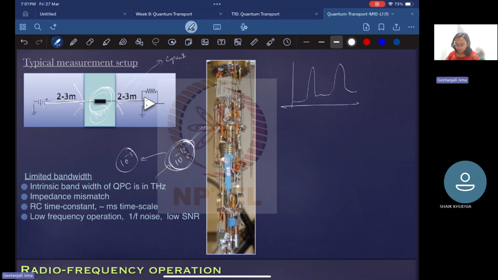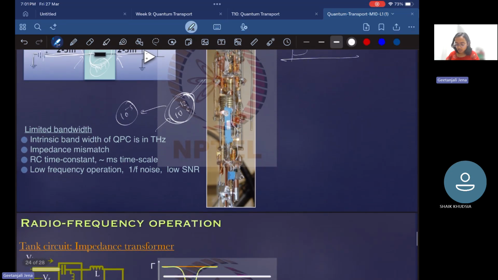And this impedance mismatch decreases the bandwidth. Also, as we have seen before, the RC time constant is in the order of millisecond. That is why we are not able to detect in the order of picosecond. And there is a low signal to noise ratio because of the 1/f noise at low frequency operation.